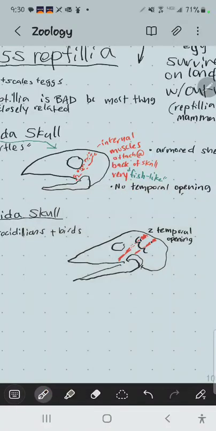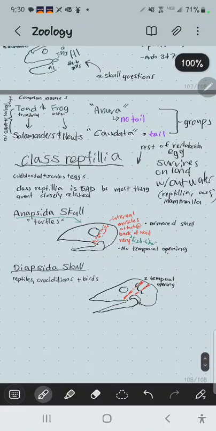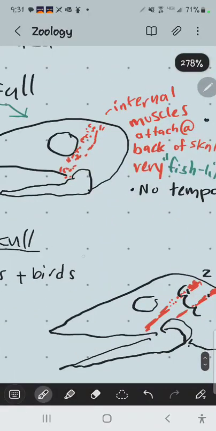You can see that there are two lobes here where the jaw muscles attach to the cranium, the skull, and then they pass through these two slots here and attach. There's one attachment point there. There's a second attachment point there. So reptiles, lizards and snakes, crocodilians, alligators and crocodiles and caimans, and birds all have this two temporal opening feature.